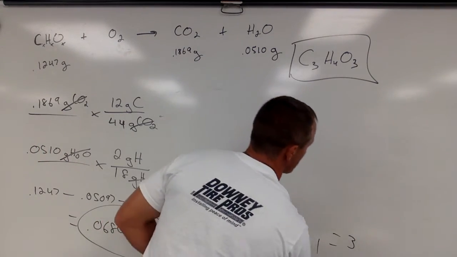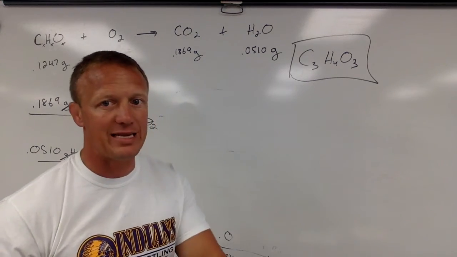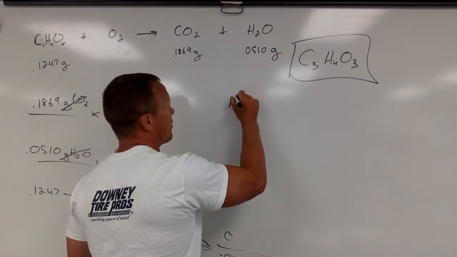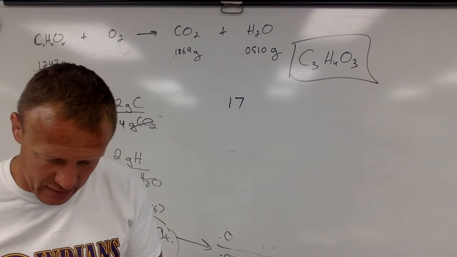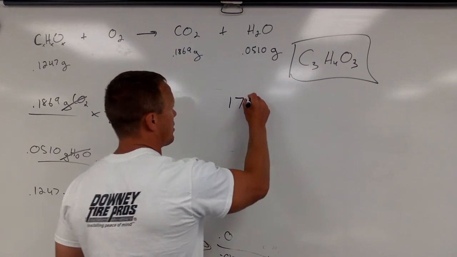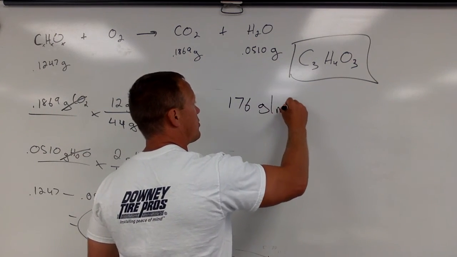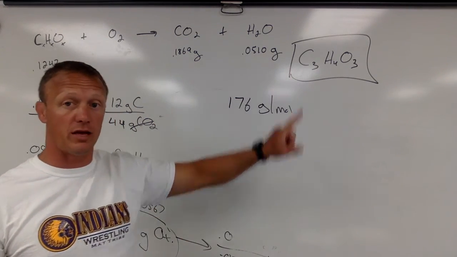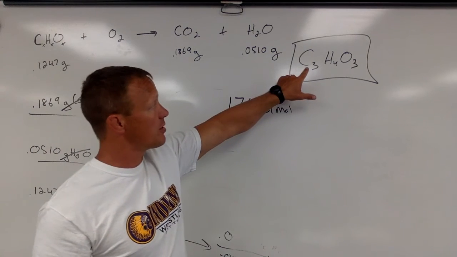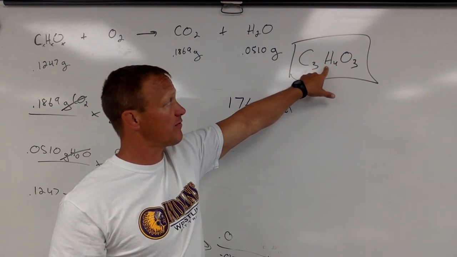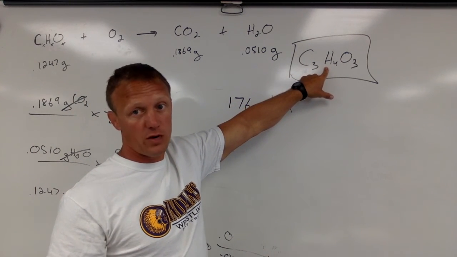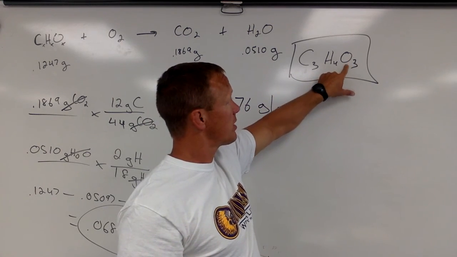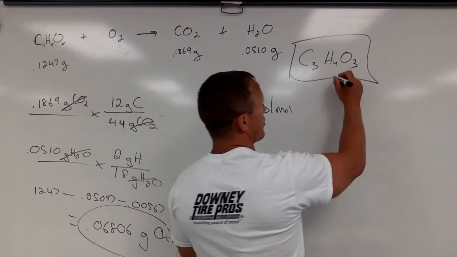So if I told you that the molecular formula of vitamin C has a molar mass of 176, I believe, grams per mole. That's what the molecular formula is. Again, this is your empirical. It might also be the molecular. If we add up 3 carbons is 36 plus 4 hydrogens would be 40 plus 48 would be 88 grams per mole.